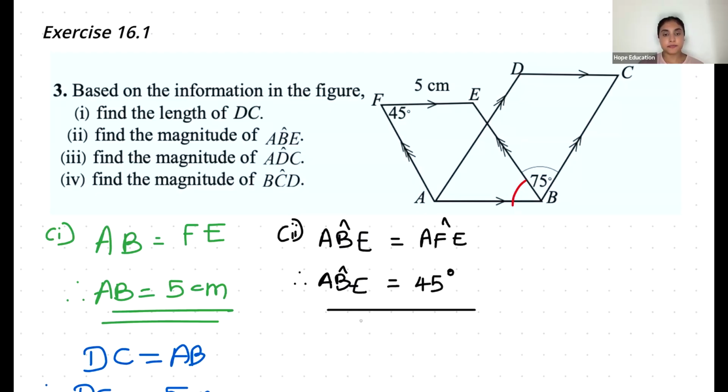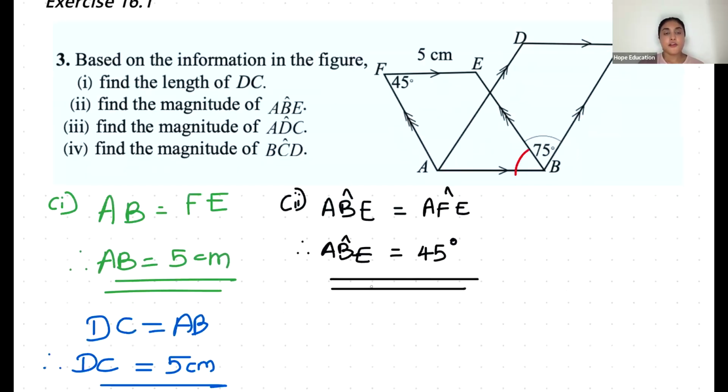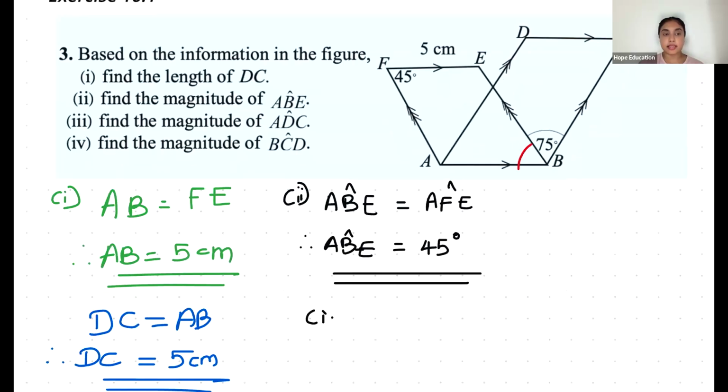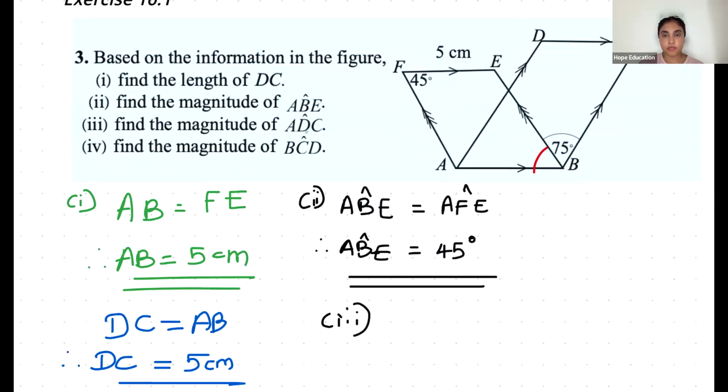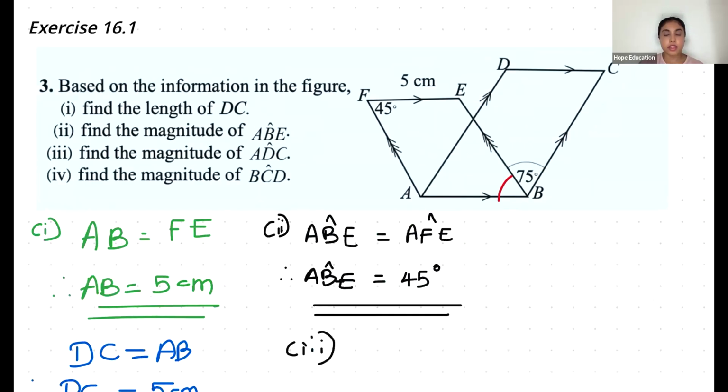Then Roman number 3. Find the magnitude of ADC. What is the magnitude of this?